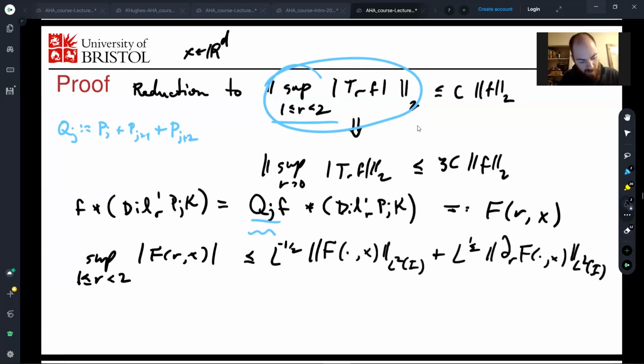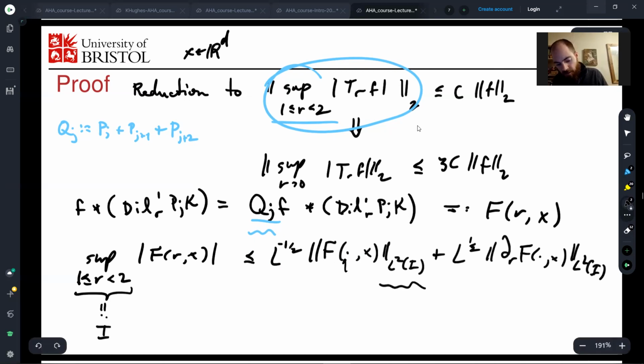And what is I here? Well, I will simply be the range of r that I care about, the range between 1 and 2. And L is going to be something we optimize later. It's clearly going to have to relate to the alpha j's and the beta j's. Just to be clear, these two L2 norms are just an L2 norm in this variable here that I've not written in. I'm not taking an L2 norm with respect to x. We'll have to do that later on.